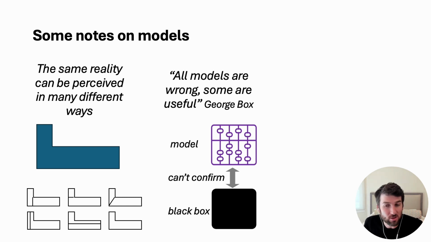But what can be known is that some models are more useful than others. So there's not really a debate to say my model is actually right and your model is actually wrong. This is what the substance or the ontology of reality itself is. What is being argued is that this model is more useful than that model.